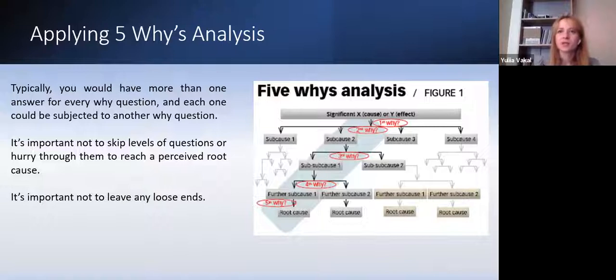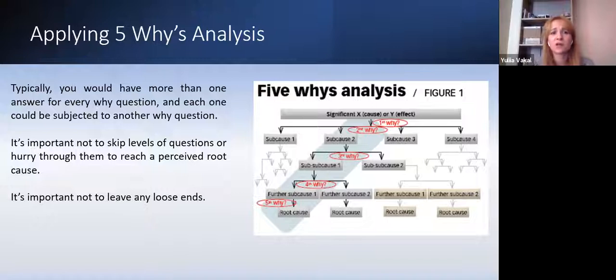That's, I would say, the advanced 5 whys technique. In the examples we just saw, we had just one answer, so we went down just one track, but you could have more. Typically you have more than one answer, so you have different routes, more tracks to follow.